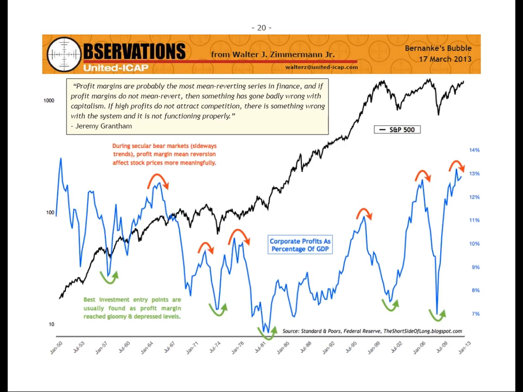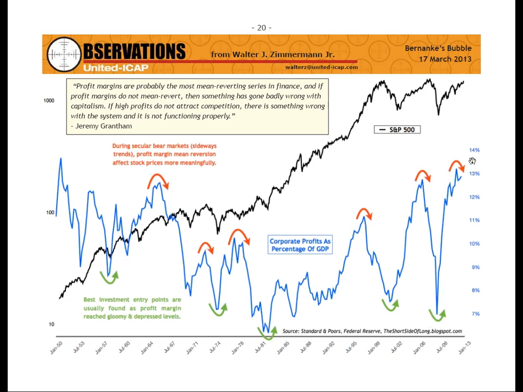Here, we look at corporate profits as a percent of GDP against the S&P 500. And I would suggest that there's something fundamentally wrong with the economy when you get these kinds of gigantic swings.